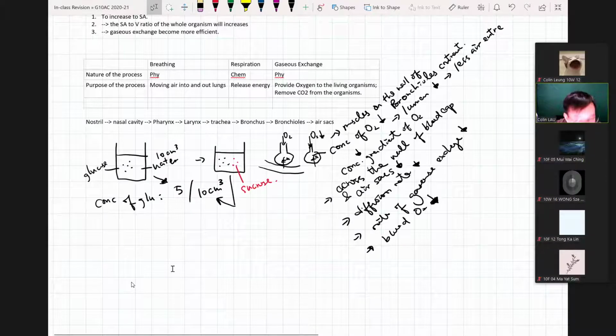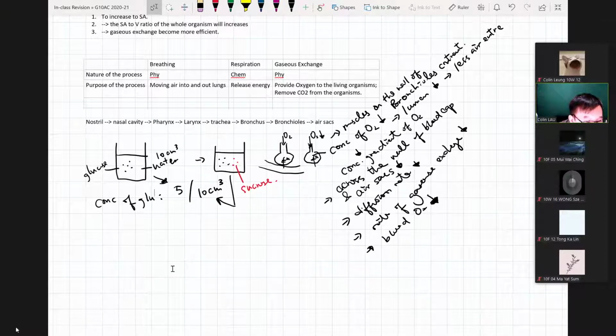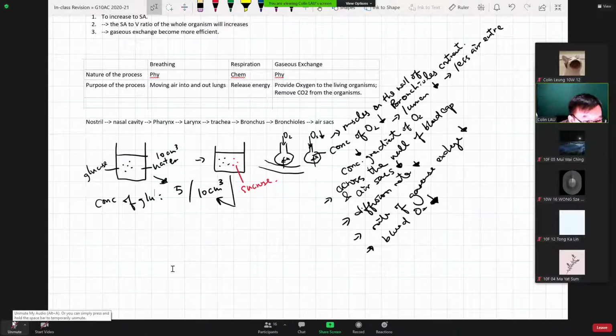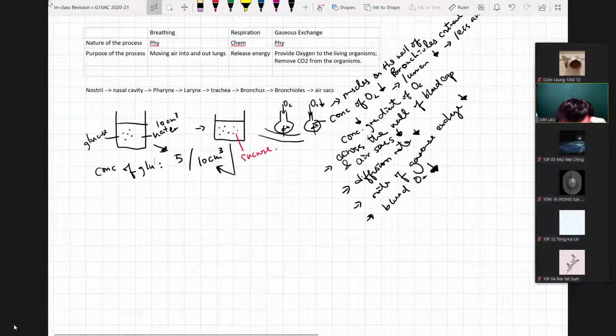Okay, so keep going. ASX 搞掂啦。ASX 完咗之後咧 we were moving into talk about the transport of gases, right? So once the oxygen move in, after they diffuse in the water film, 有個 process of gaseous exchange.